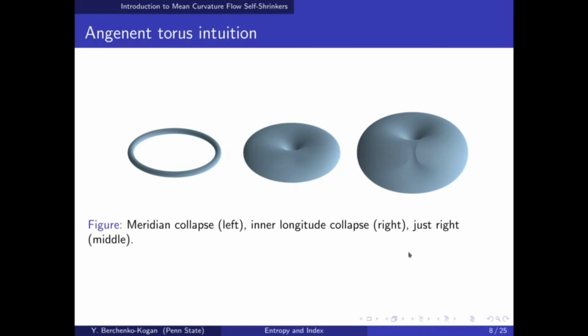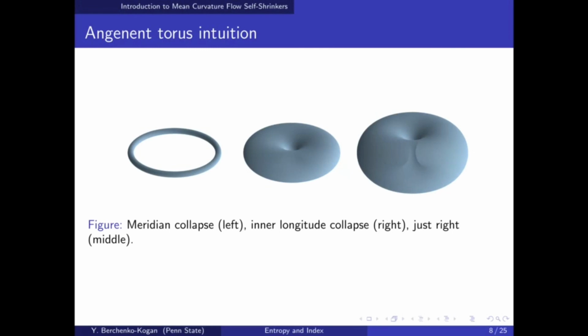In contrast, on the torus on the right, I've tried to make it transparent, so hopefully it shows on the video. You have this thin tube connecting the top and the bottom, and so if we look at that thin tube, it's a very small circle this way, and so it has a lot of curvature that way, and so that inner tube is going to collapse first. So we have a longitude curve collapse first. So on the left, the meridian collapses first. On the right, the longitude collapses first.